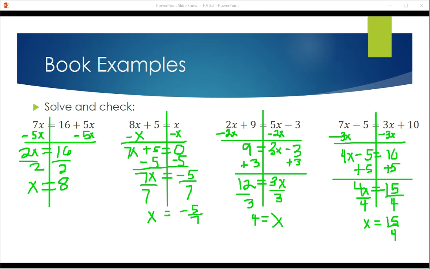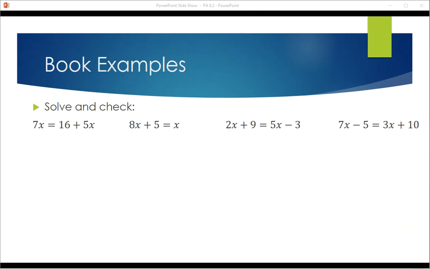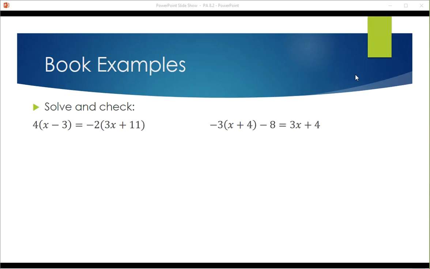So let's clear what's there. We'll get a couple more examples from your book, just 2 more here. These involve simplifying first before we move things back and forth across our equal sign.